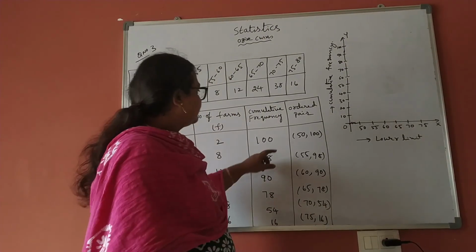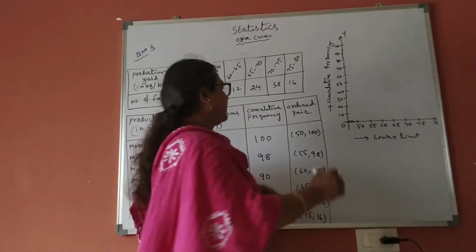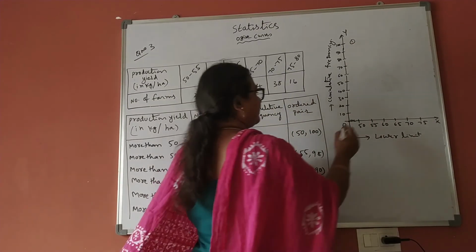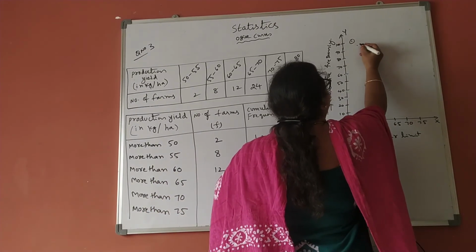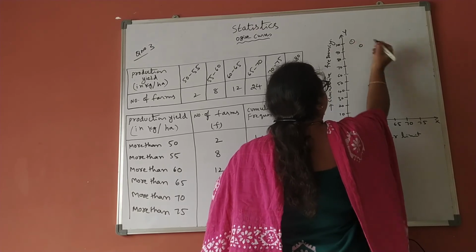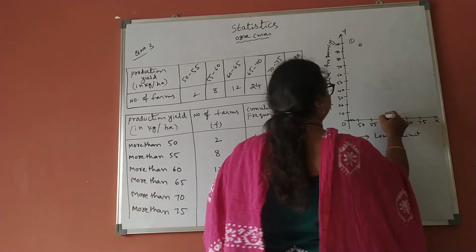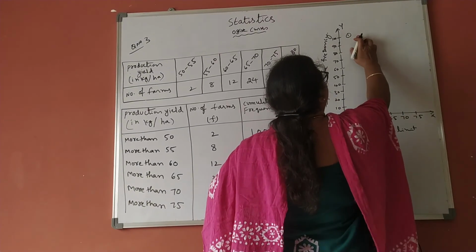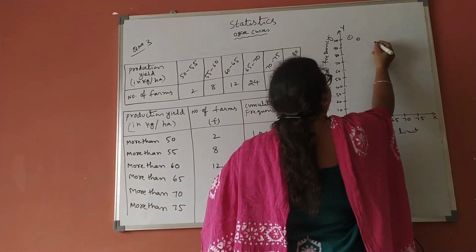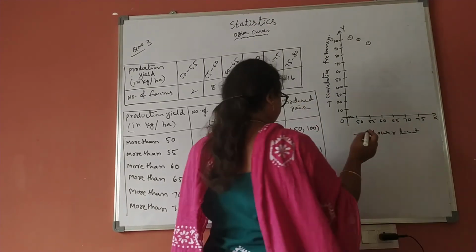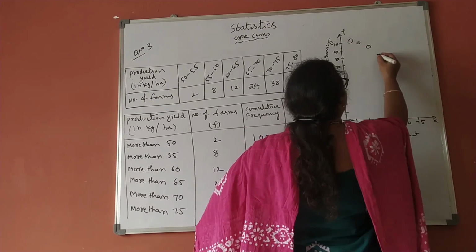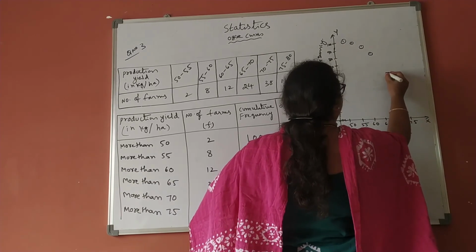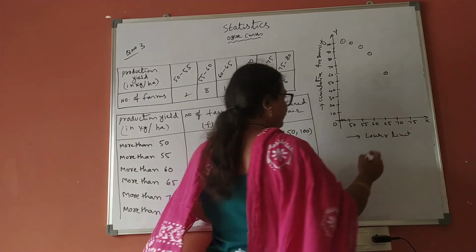Now we plot the points: 50, 100; 55, 98; 60, 90; 65, 78; 70, 54; 75, 16.